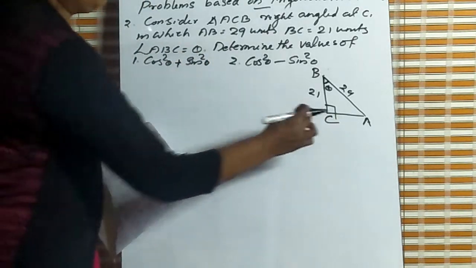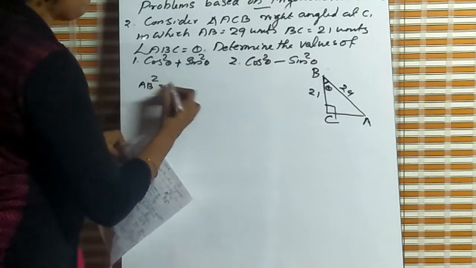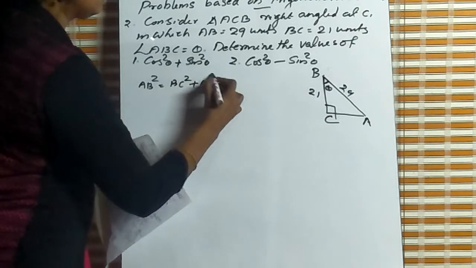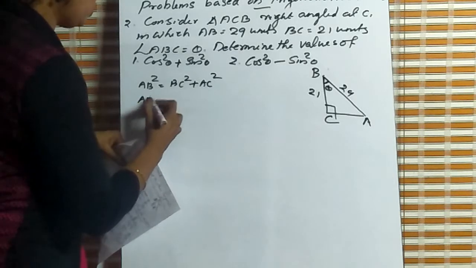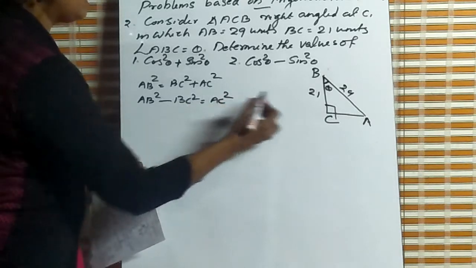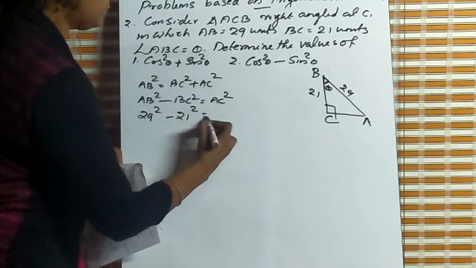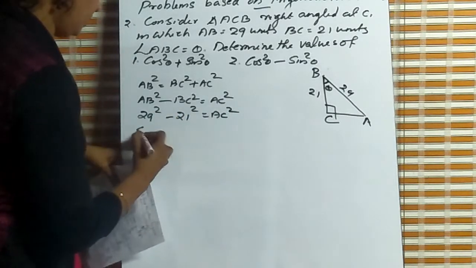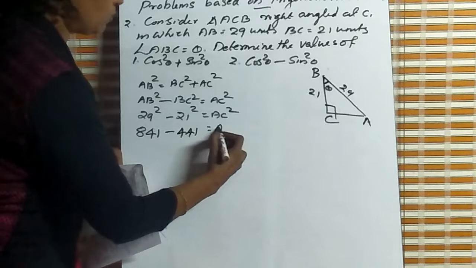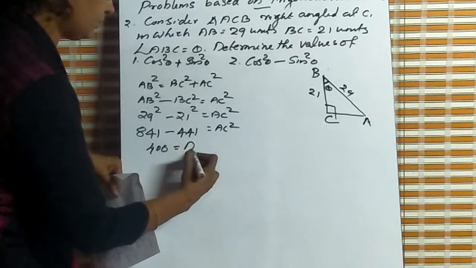For finding this, we need the value of AC. According to Pythagoras theorem, AB square is equal to BC square plus AC square. So AB square minus BC square is equal to AC square. 29 square minus 21 square is equal to AC square. 29 square is 841 minus 21 square is 441, so AC square is 400.